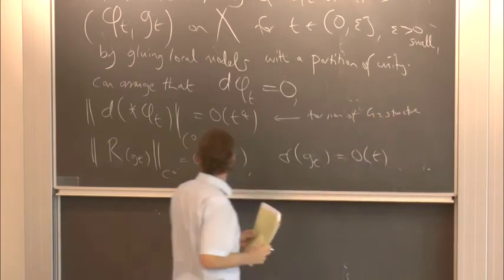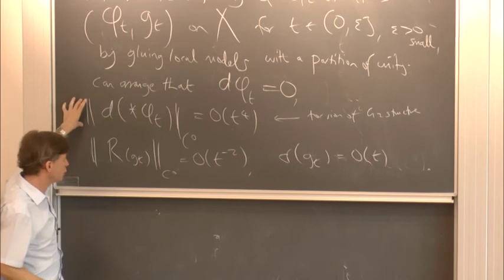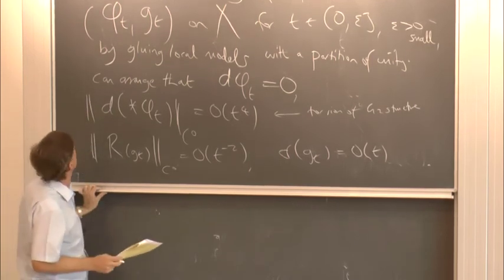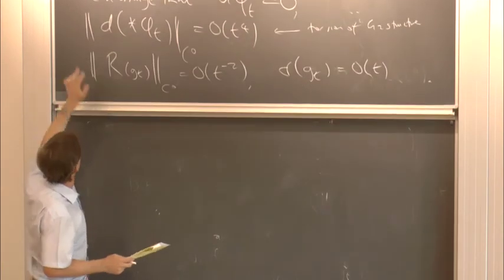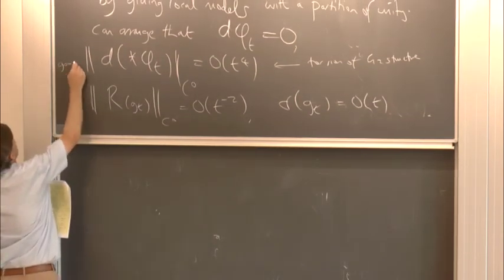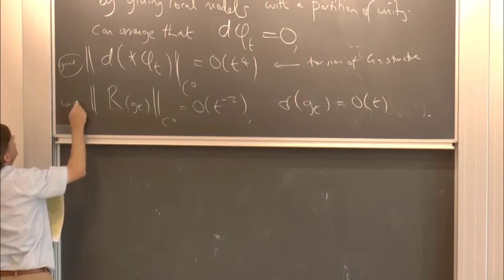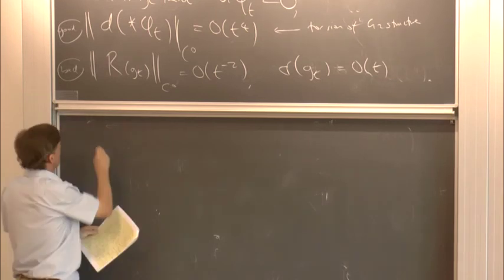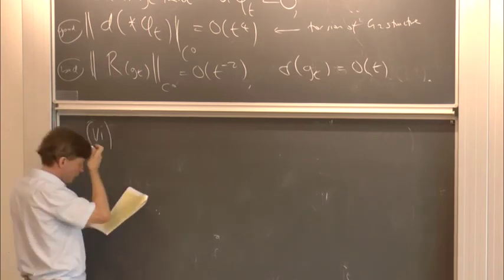So it's a balancing act. We have a G2 structure which has small torsion, but then the metric is kind of close to singular. So this is good, and these things are bad. But once again, the good wins.